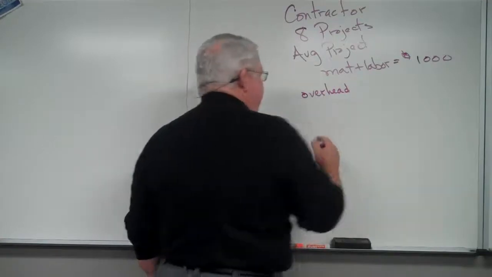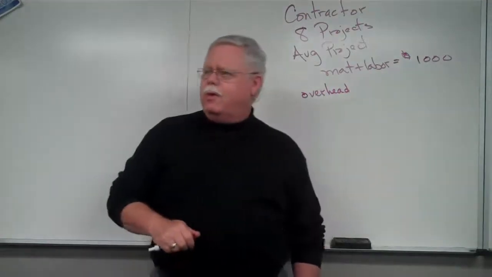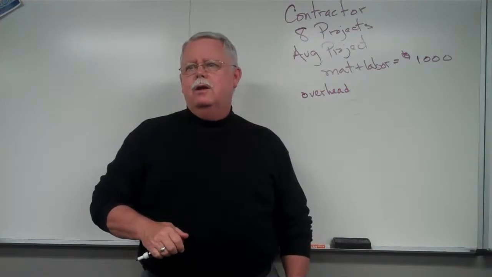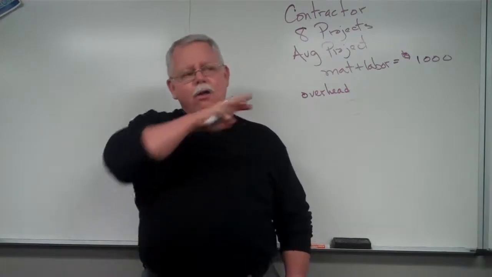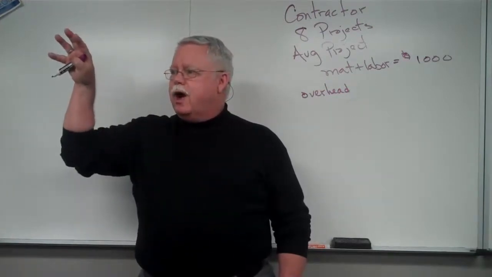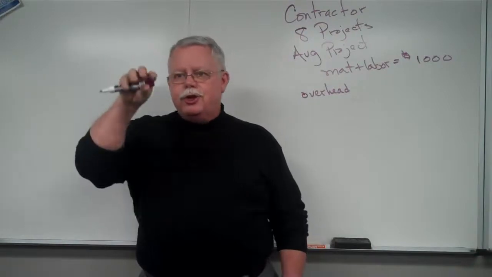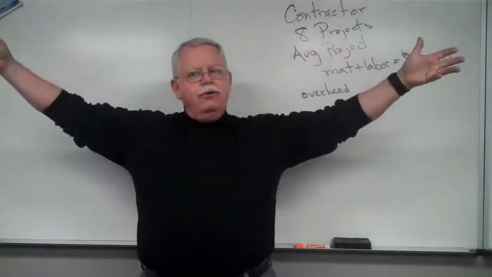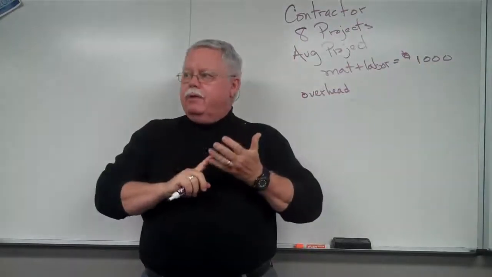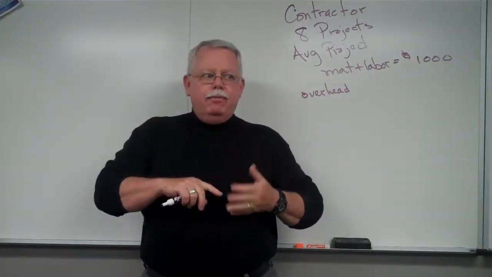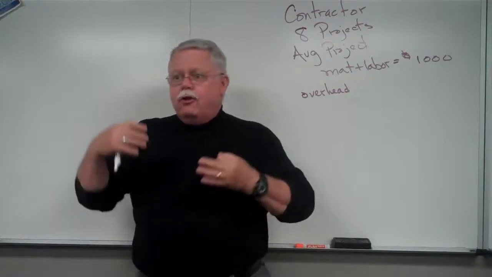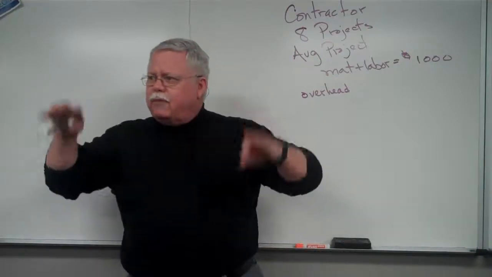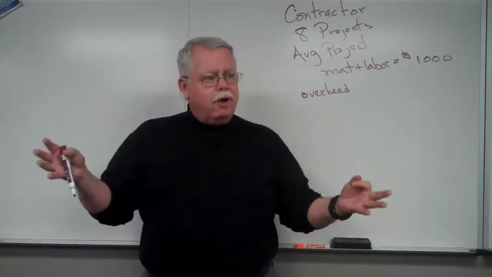Well, my overhead, what is overhead in a business? What do we mean when we say overhead? Administrative costs, rent. All of those costs that are not specifically associated with a given activity. They're the things that have to go on just for the business to go. The rent I pay, the utilities I pay, maybe office supplies, computer repair, the kind of stuff that's got to keep going on for the business to keep going.